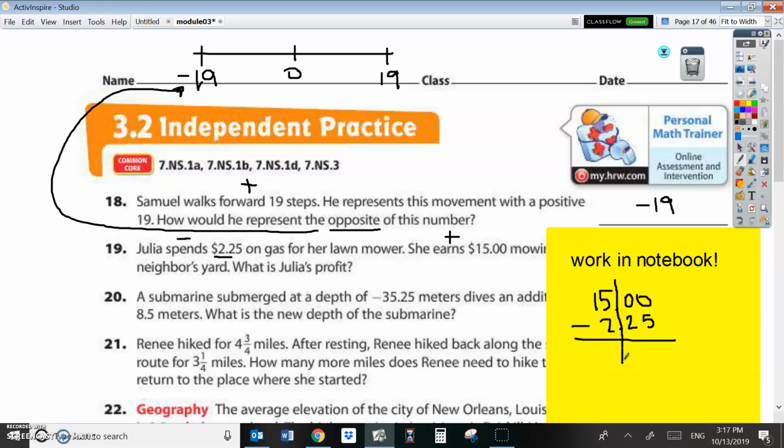Now subtract, turn that into a 4, this into a 10, and that a 9, and this into a 10, and you get 5 here, 7 here, 2 here, and 1 there. So it looks like she earns $12.75.